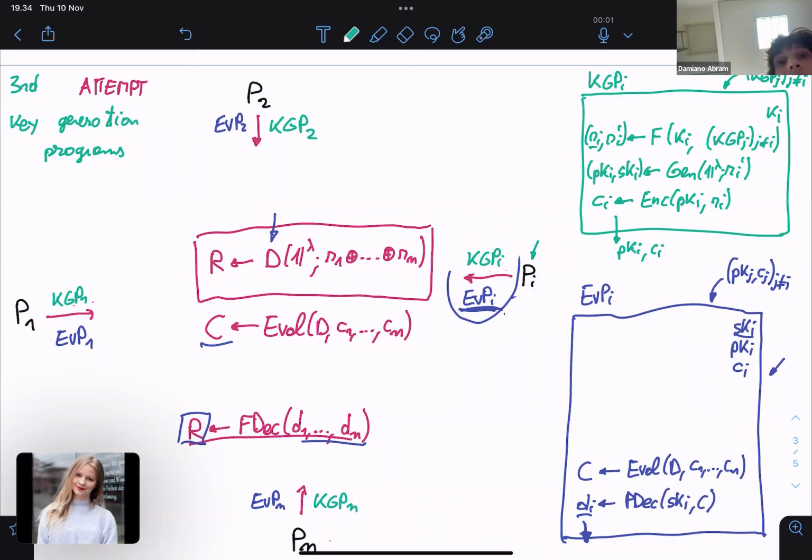What do we notice here? We notice that if any of the other parties changes its own key generation program, then the input to the PRF changes. And so we obtain independent looking random strings. And for the same reason, we obtain an independent looking key pair. So this is exactly what we want.